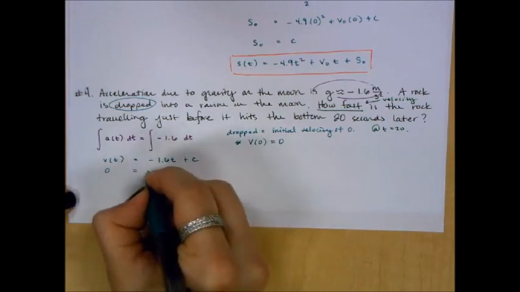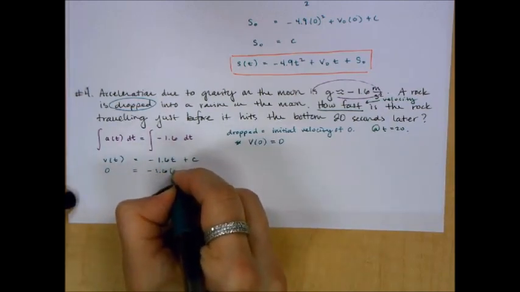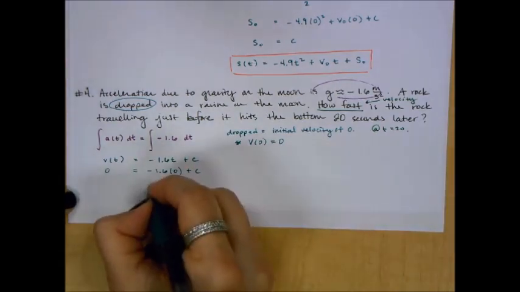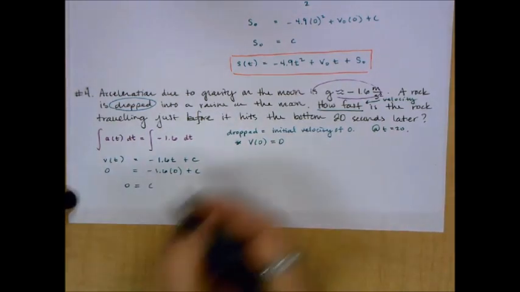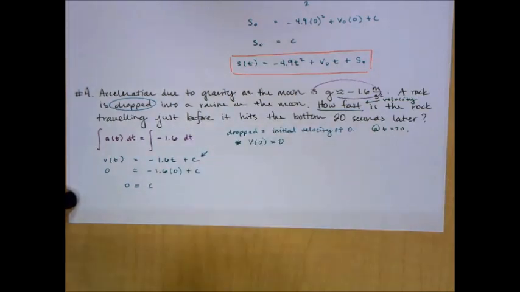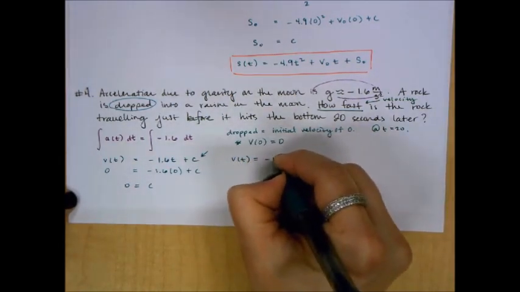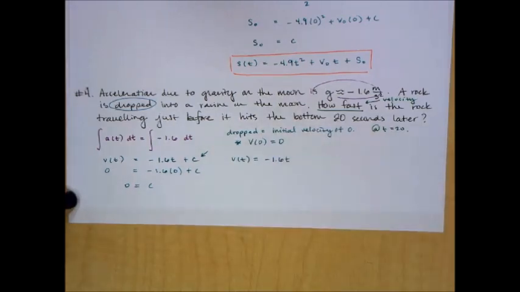And this tells me that my constant is 0. So I'll plug that back in and write my new equation, v of t equals negative 1.6 t. That's my velocity function. So now we're ready to hopefully answer that question.